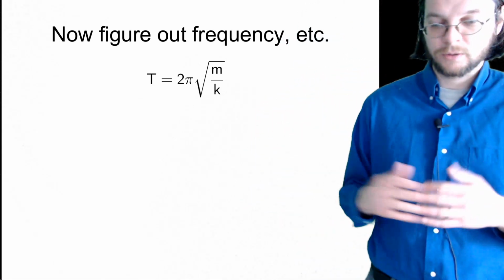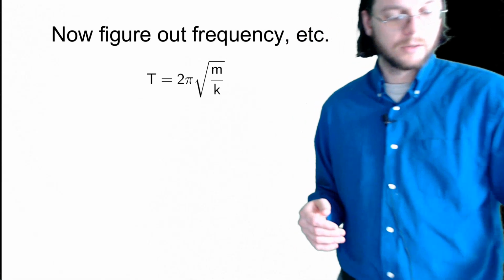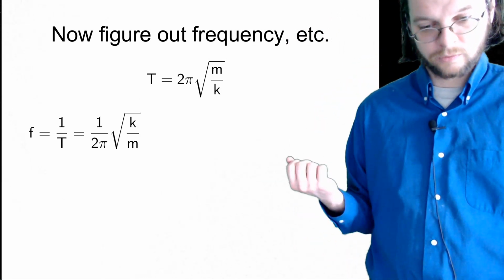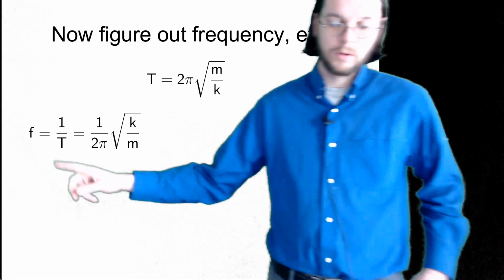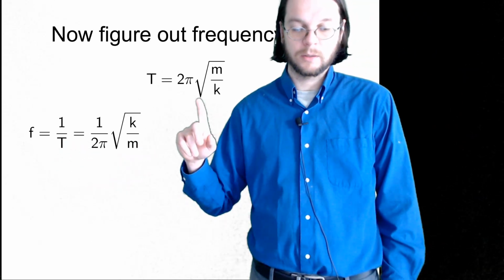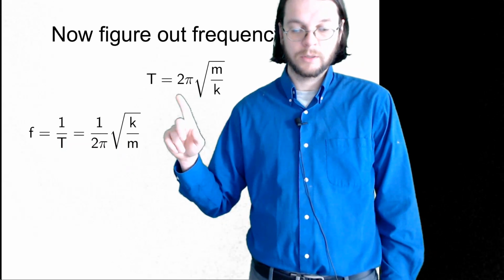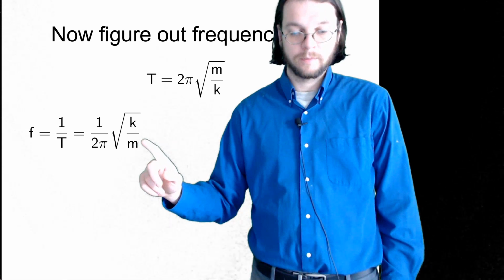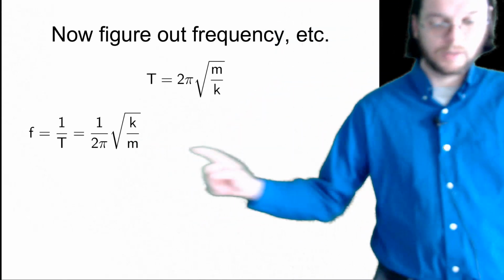That's an inverse relationship. So the period is 1 over the frequency, and the frequency is 1 over the period, right? So here's the frequency, 1 over the period. We've just determined that this is true. So if this is true, that means that this is true. And so that's kind of what we get from it.